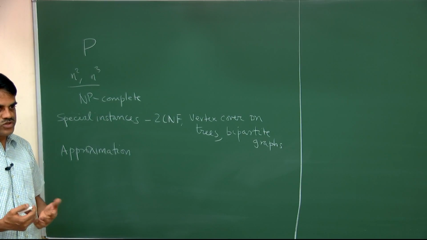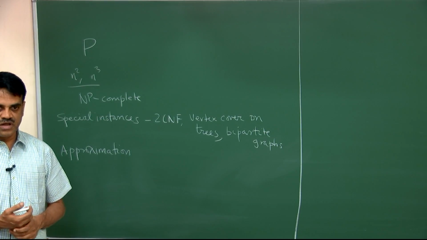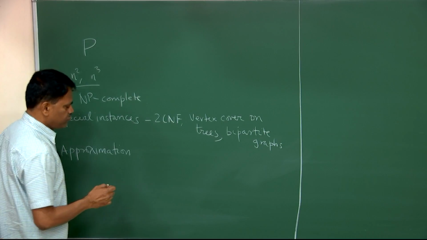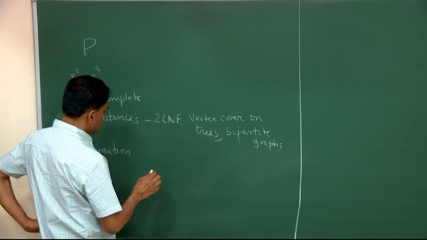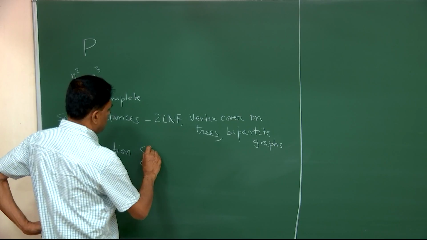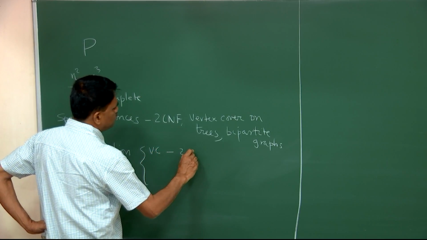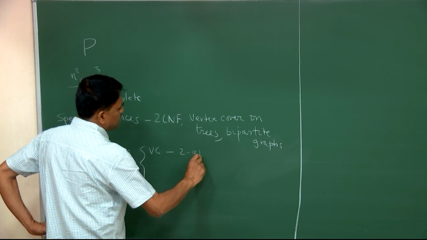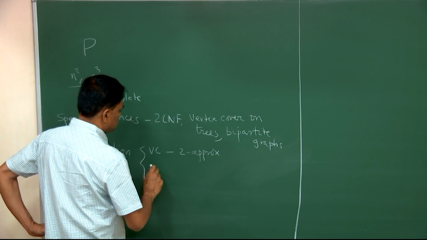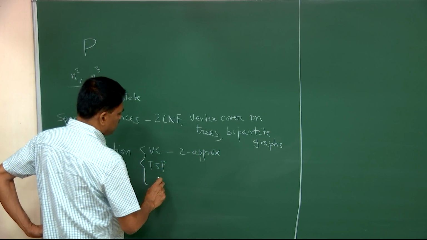That takes us to the notion of approximation ratio, and we saw a lot of problems, different kinds of approximation algorithms. We saw vertex cover has a ratio 2 approximation algorithm, traveling salesperson problem.